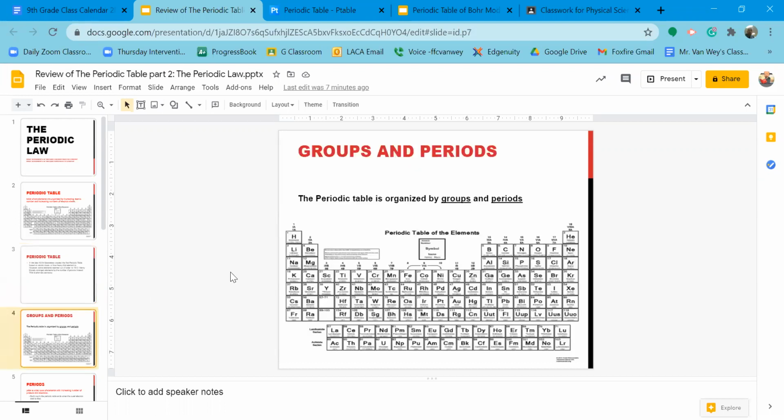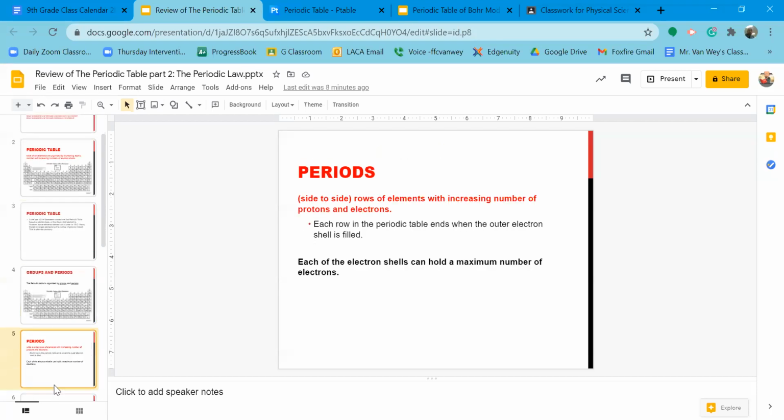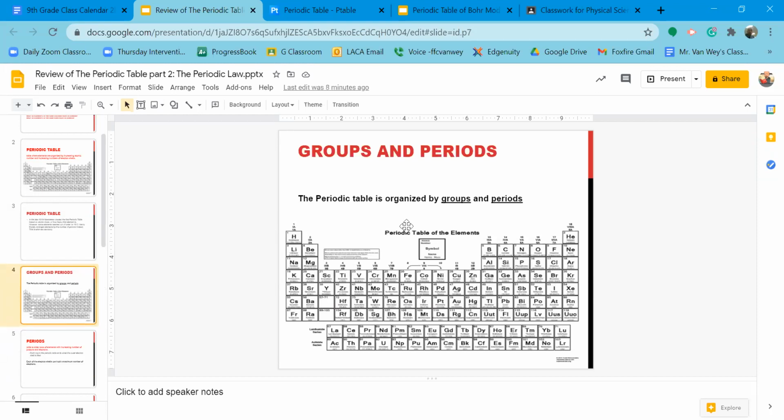So, the periodic table is arranged by groups and periods. Periods are the side to side. They are the rows of elements that have an increasing number of protons and electrons. So as you go from hydrogen to helium, you get another proton, and in a neutral atom, you get another electron.